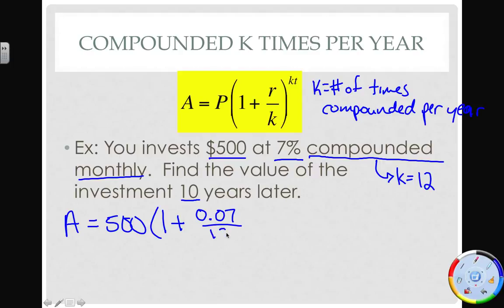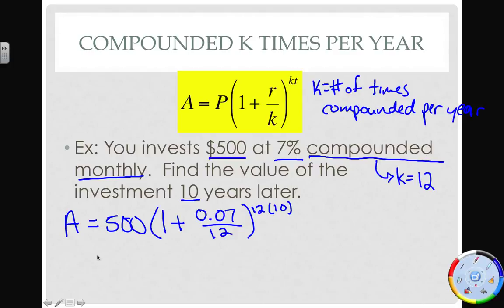You know that. Okay, so K is 12, and then we get 12 times the number of years, so it's 10. And if you think about this number here, we're looking at how many times it's compounding in 10 years. There's going to be 120 different compounds throughout this 10-year period. So that's what this 12 times 10 comes from.